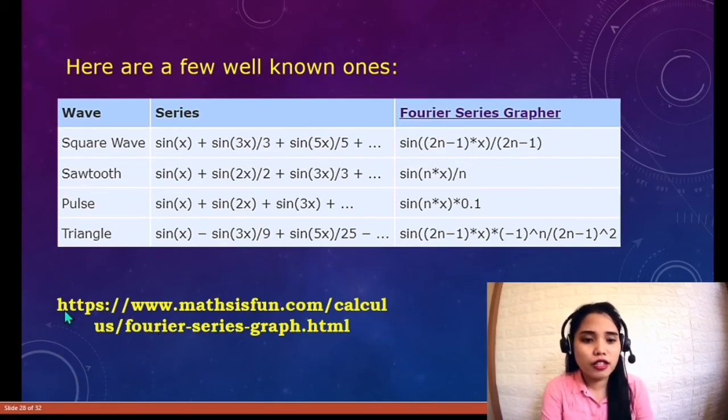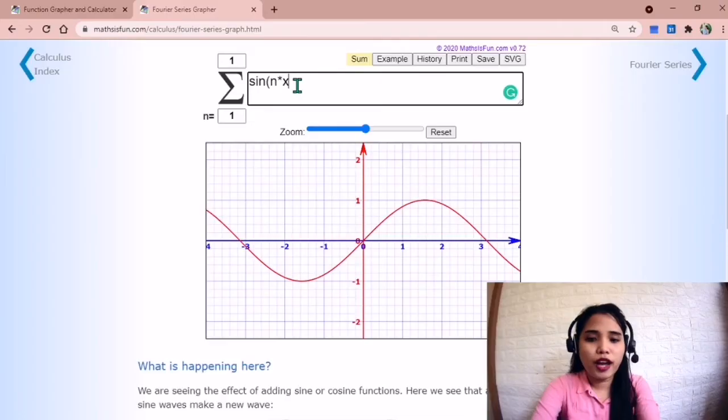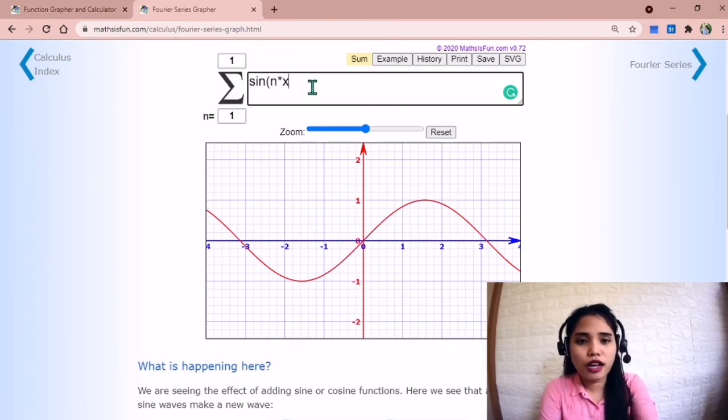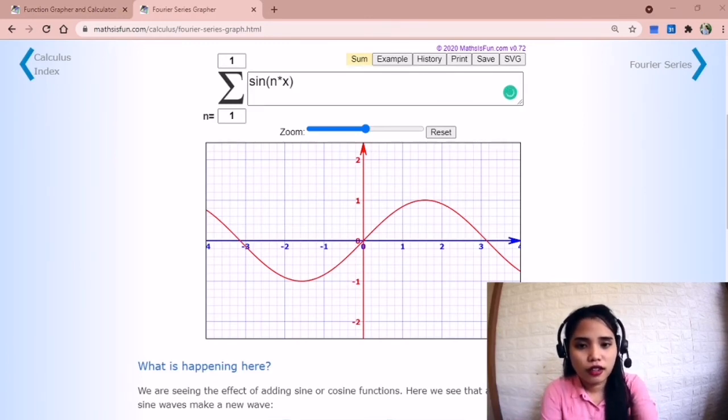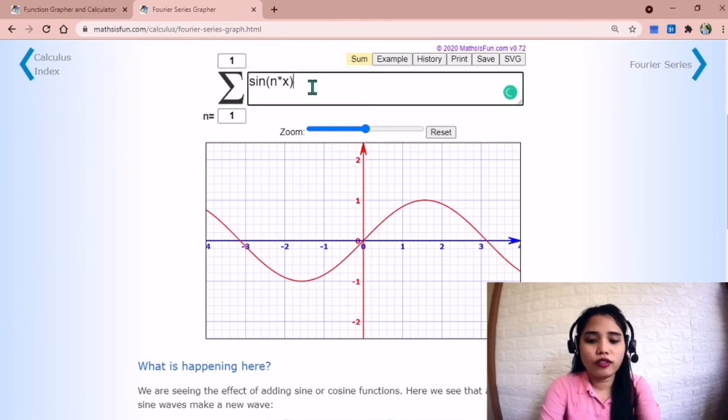So, I found this website where we can graph. So, let's try to graph it. Let's try this sawtooth. So, ano itsura ng sawtooth? Have here the grapher. So, ang sawtooth daw is sine times n times x over n.